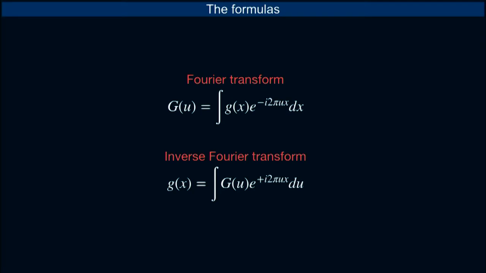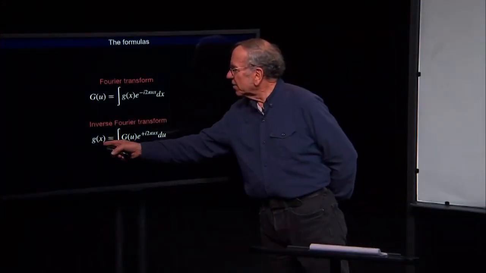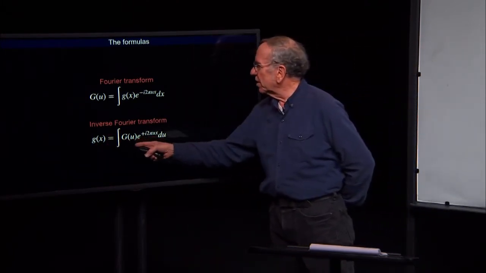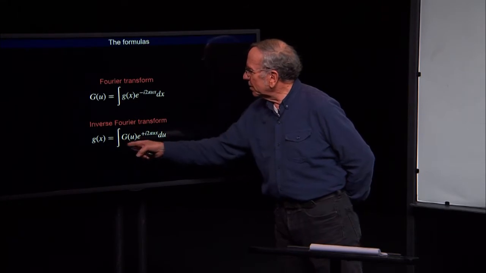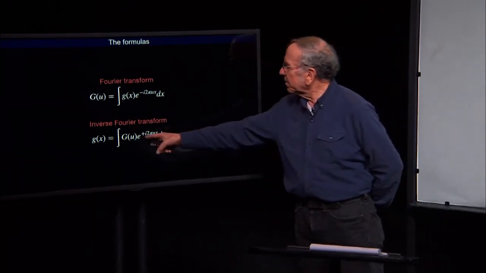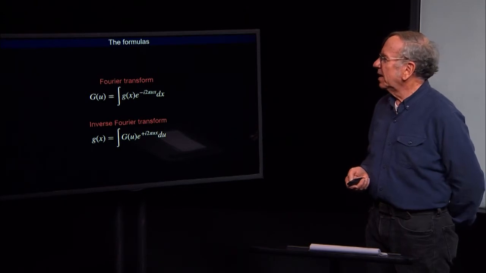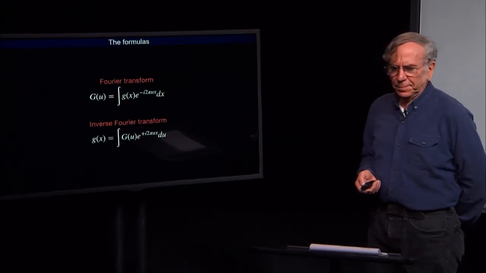And I can recover the original g of x by doing the inverse Fourier transform. So I plug in big G of u, and it's almost exactly the same formula, except that the exponent here has a plus sign instead of a minus sign.